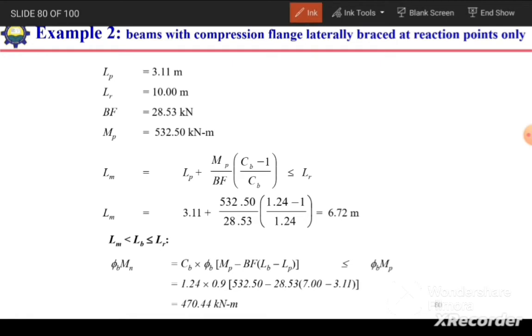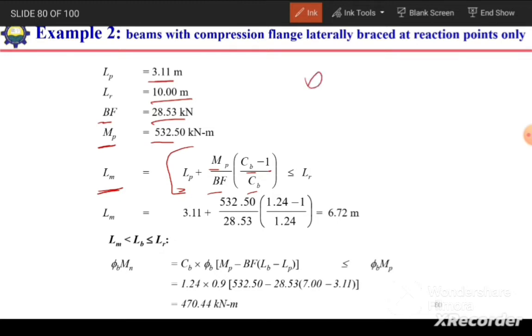After that, again we need to calculate this LM value because CB is more than 1. For that, LM is equal to LP plus MP over BF, CB 1 over CB. Again we can select these values from the beam selection table, and here LP is equal to 3.1, LR is 10, BF is 28.53 for our selected section, and MP is 532.